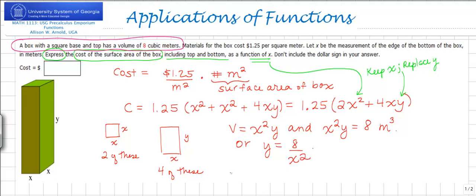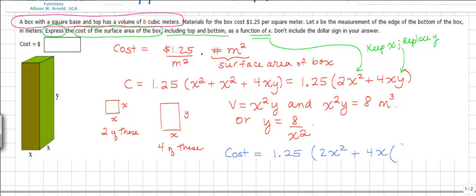Our goal was to write cost, which I've called C, equals a formula involving only the variable x. So I still have 1.25 times the quantity 2x squared plus 4x, and now y is replaced with 8 divided by x squared.